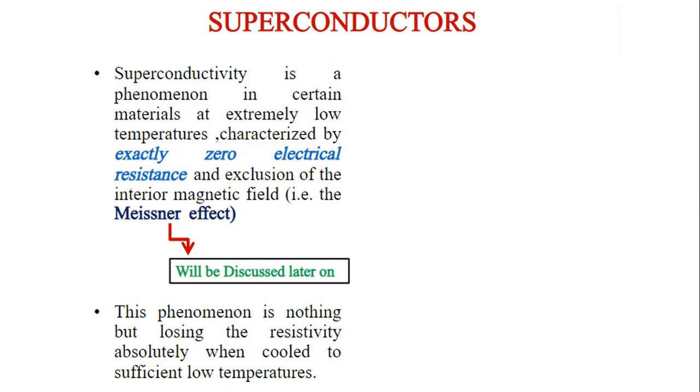What we get from superconductivity is that certain materials exhibit superconductivity at a particular critical temperature, a low temperature, and the electrical resistance of the material drops to zero. This is known as superconductivity, right?